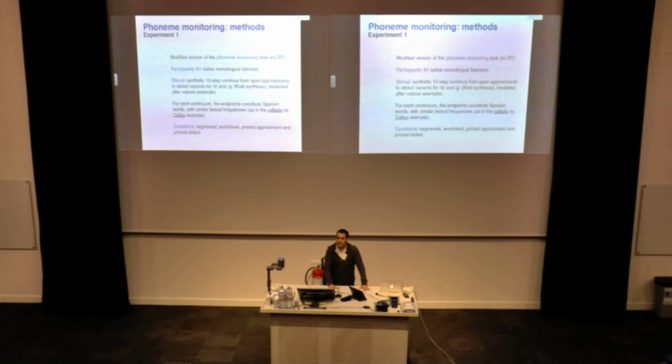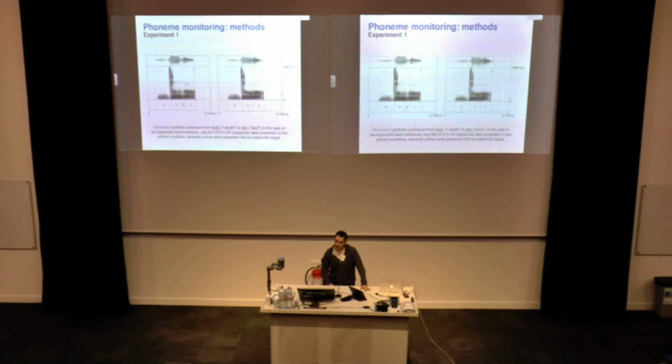The first condition was segmental, where I only presented the approximant consonant or its absence and the 2 surrounding vowels. And then the next condition was word level, so I would embed the continuum in a word level context, and in the next 2 conditions I primed one end of the continua. And the idea is to see at which point listeners start perceiving and reporting the approximant, what is required for them to restore this unit, even if it is absent.